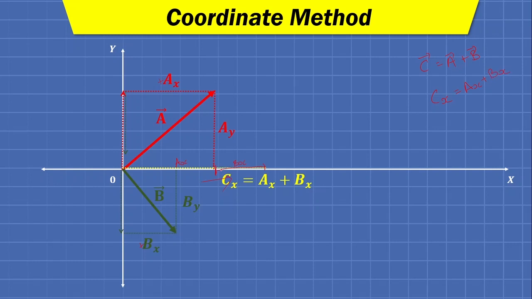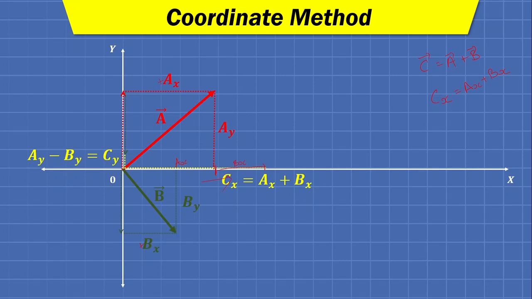Fine. What happens with the y component? As you can see, the y component of vector a lies in the positive y axis, but the y component of vector b lies in the negative y axis. So this component is positive ay, and this is negative by.